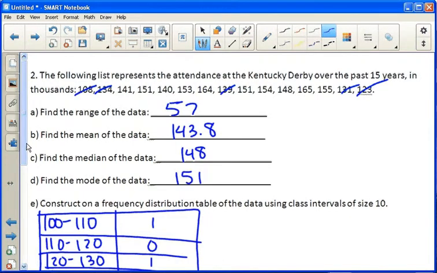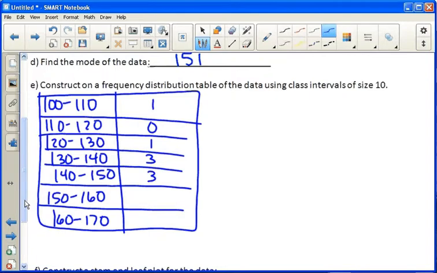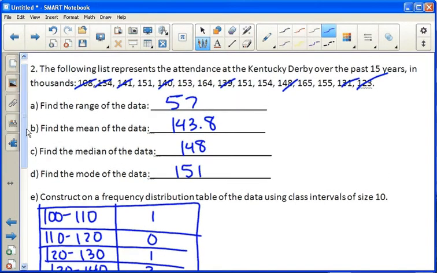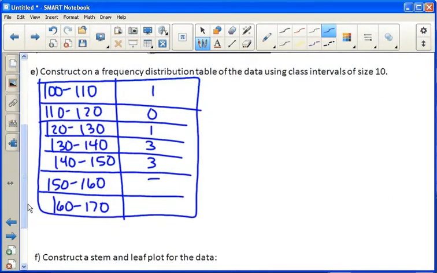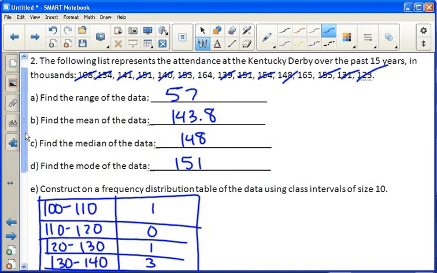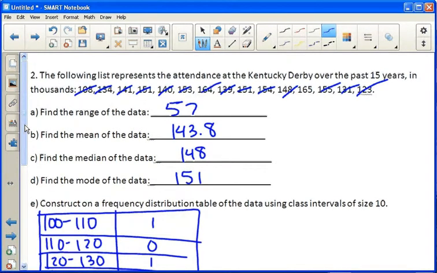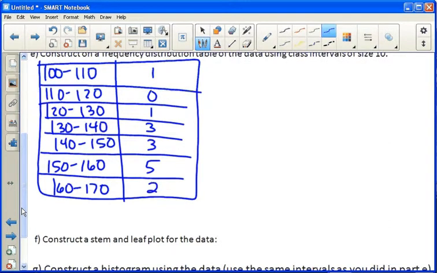So 140 to 150, 1, 2, 3. And then 150 to 160, 1, 2, 3, 4, 5. And then 160 to 170, we have 1, 2 for 2 in that category. So this is what your frequency distribution table should look like.